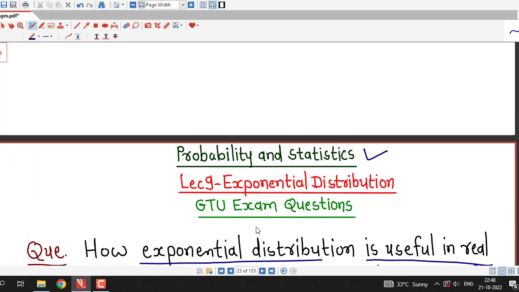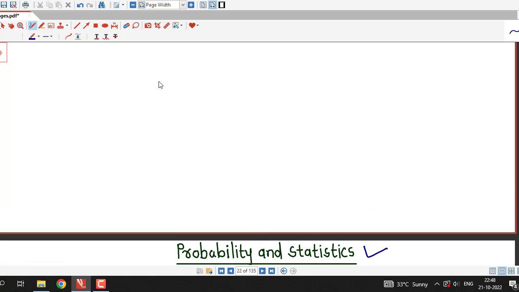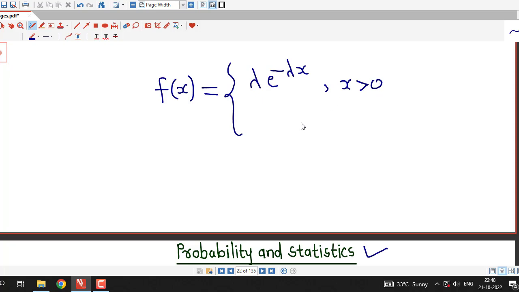We have already discussed 8 lectures about exponential distribution, and if you recall, we defined the PDF of exponential distribution using this formula: f(x) equal to lambda times e raised to minus lambda x, where x is positive and 0 elsewhere.